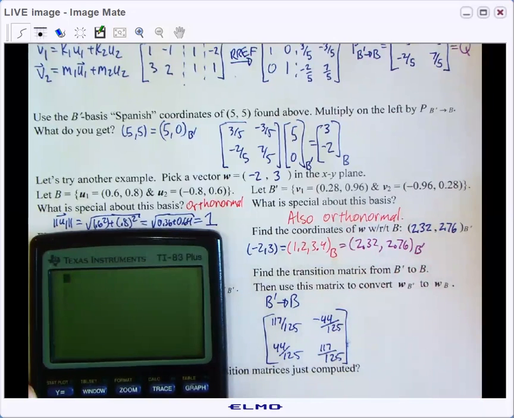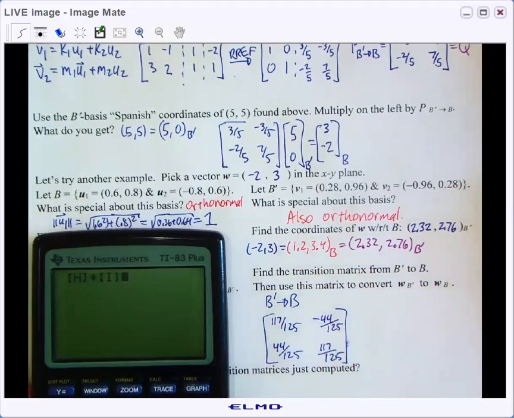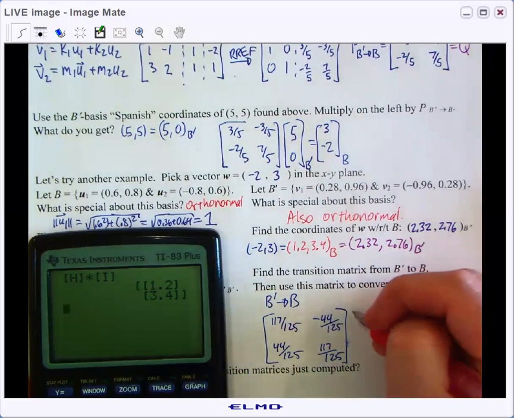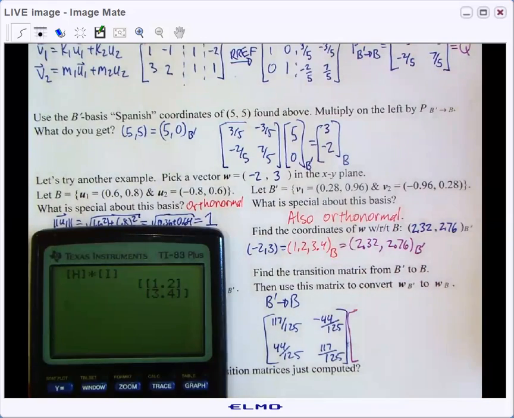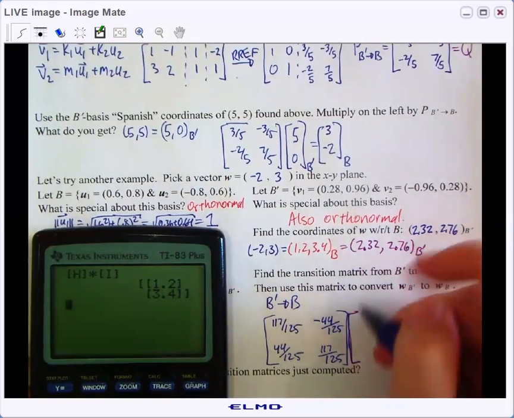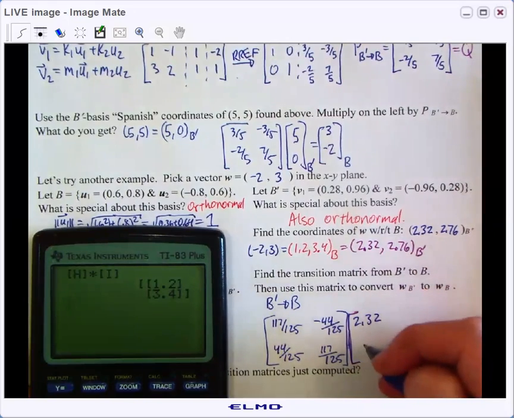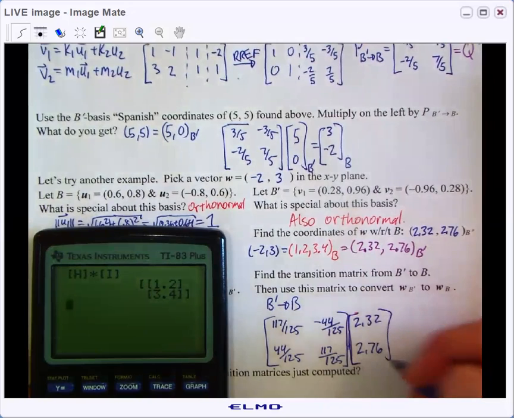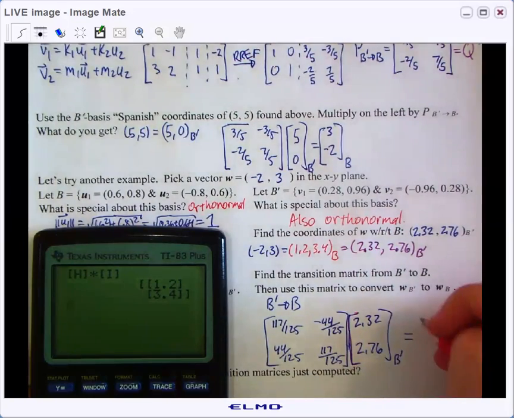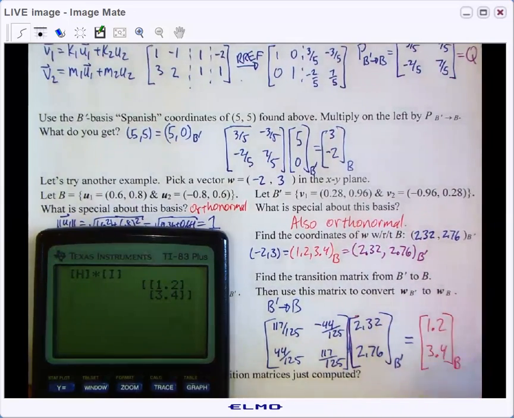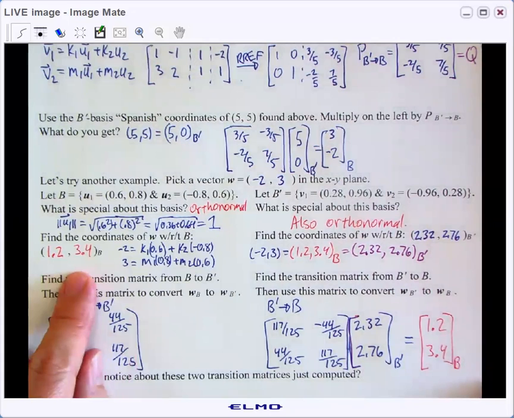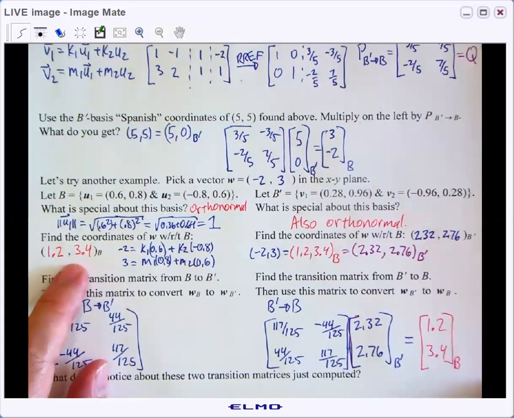Okay, so let's see what happens if I do matrix H times matrix I. So if I take this one and multiply onto the B prime coordinates of 2.32, 2.76, I get back the coordinates of 1.2 and 3.4, which just so happen to be the coordinates of that same location, but with respect to the B basis.